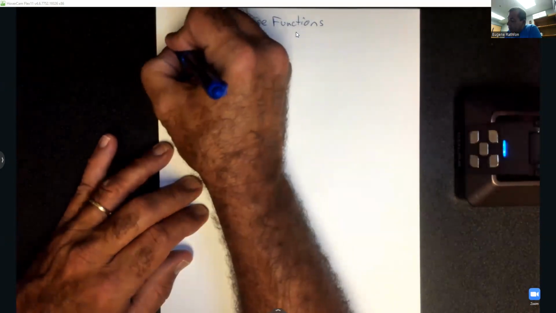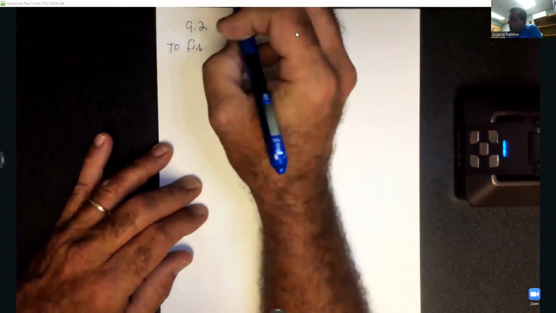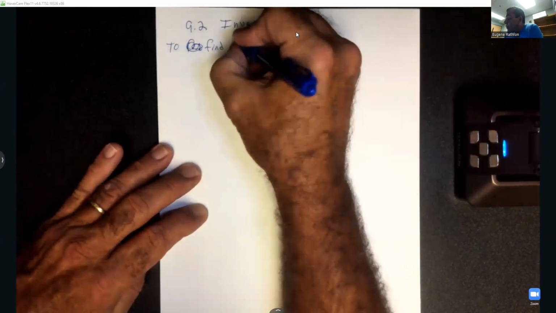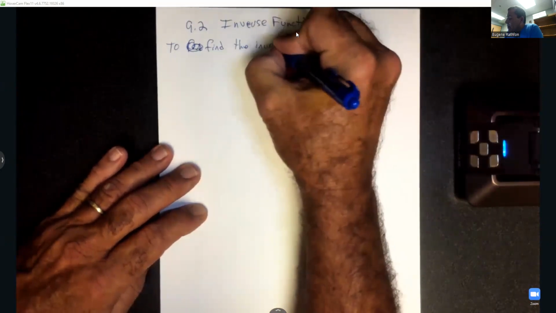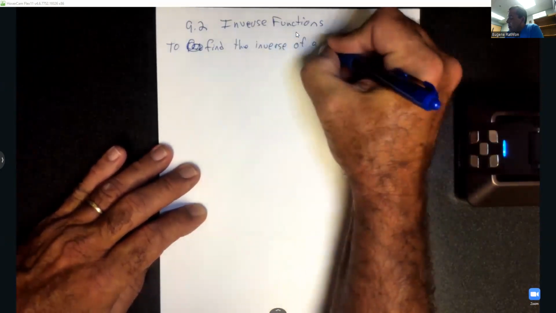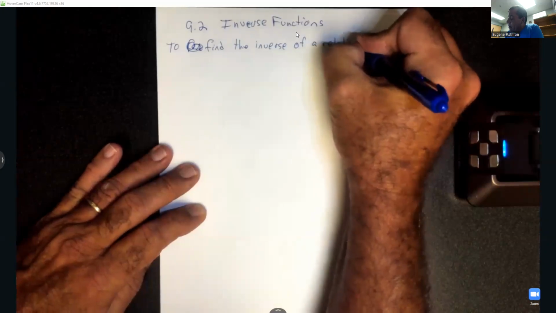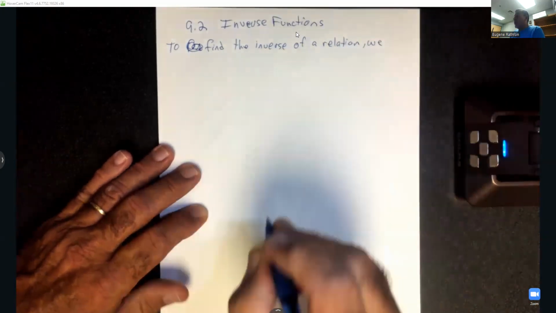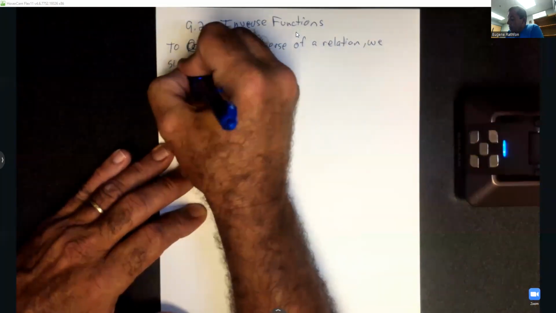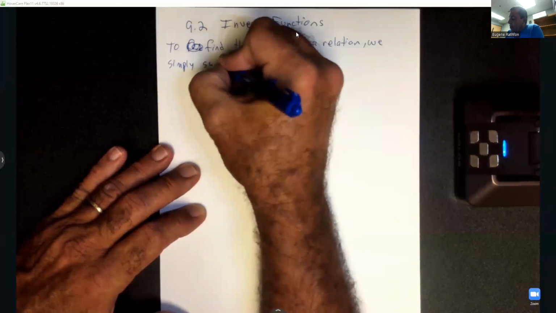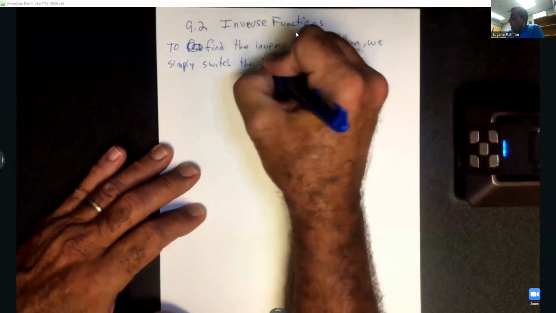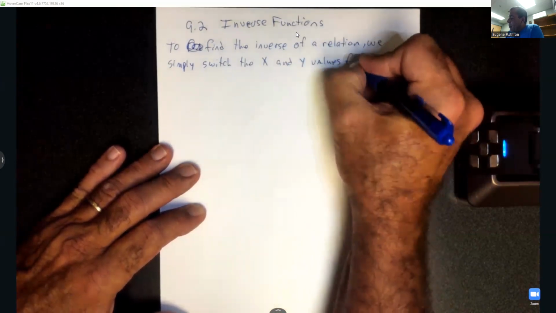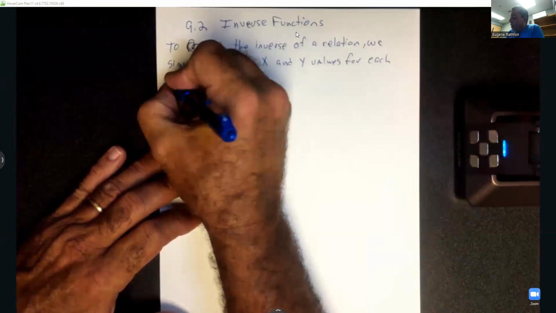So to find the inverse of a relation, we simply switch the x and y values for each point.